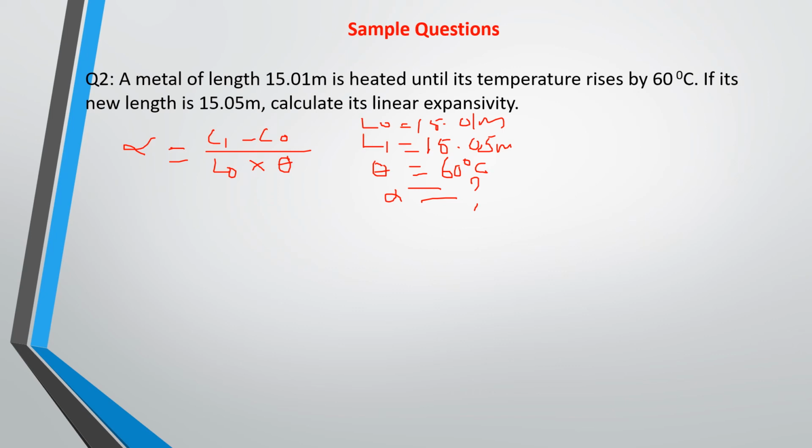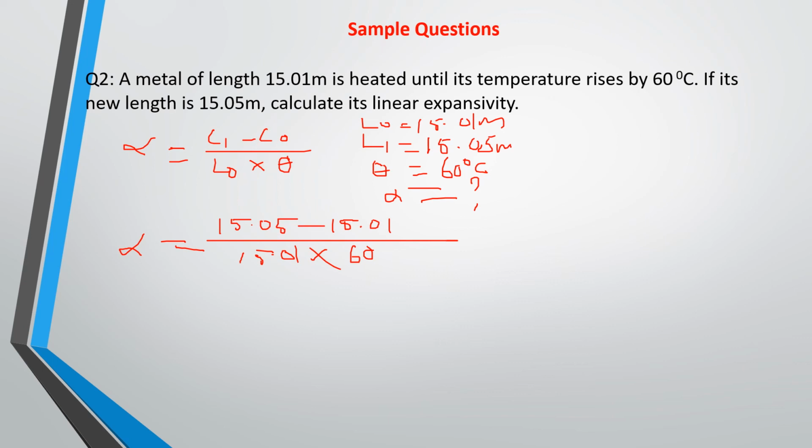So just substitute into this equation: linear expansivity is equal to 15.05 minus 15.01, all over 15.01 multiplied by 60, which is the change in temperature.